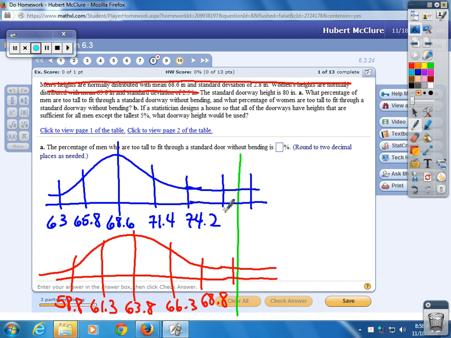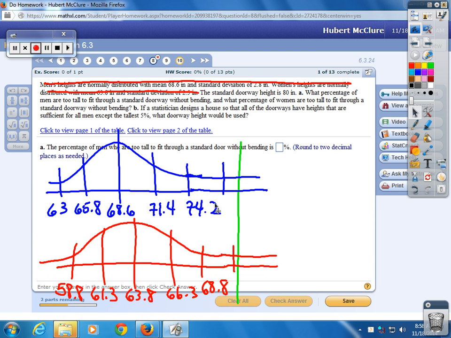Yeah, positive. What's the third on the men? 77 on the men. And what is it on the women? 71. Just so you can see.